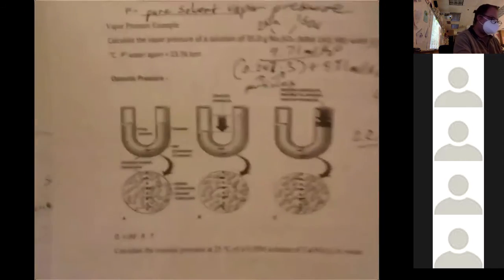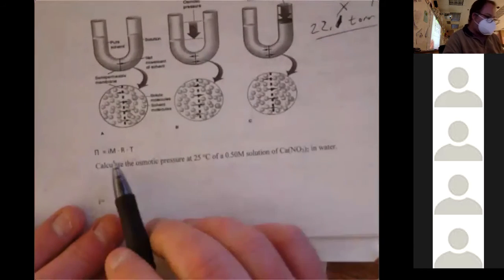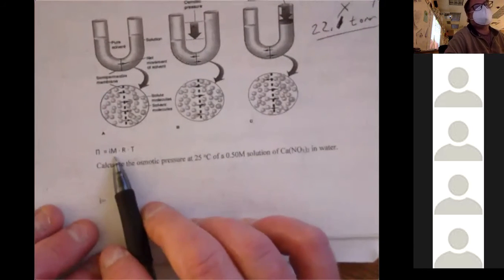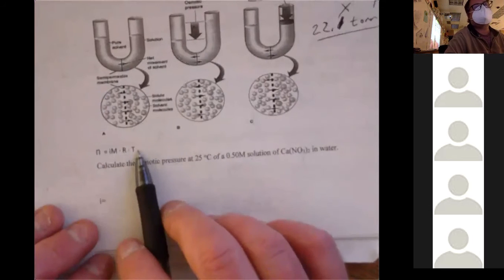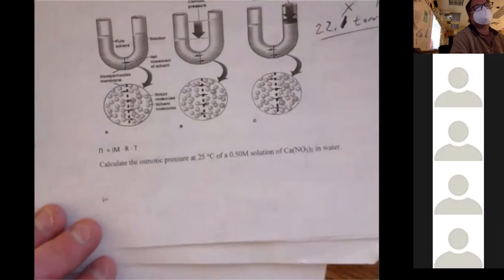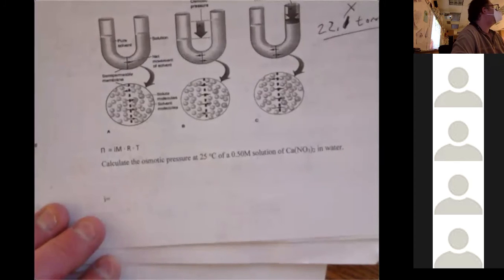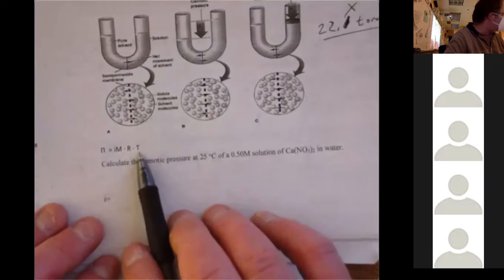Last but not least, this osmotic pressure is equal to the index times the molarity times the R constant times the temperature. Since the R constant is in liter atmospheres per mole Kelvin, what does that mean our temperature has to be in?